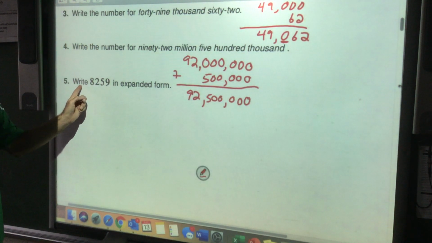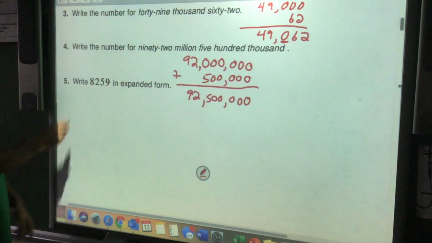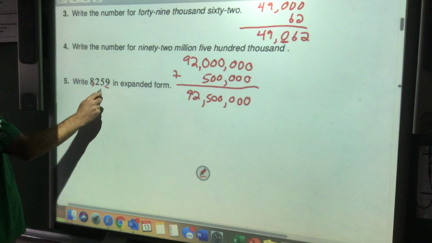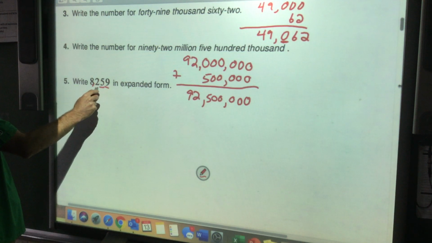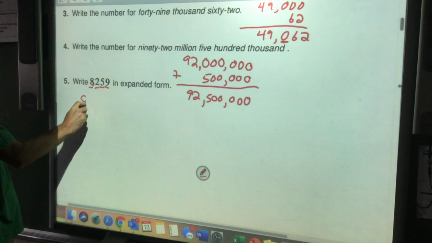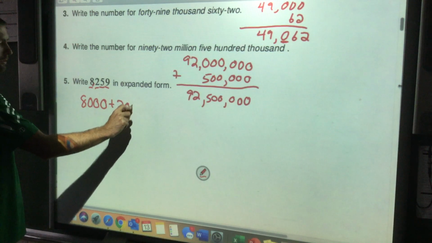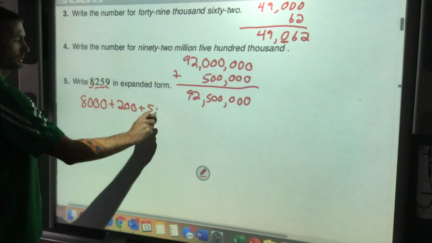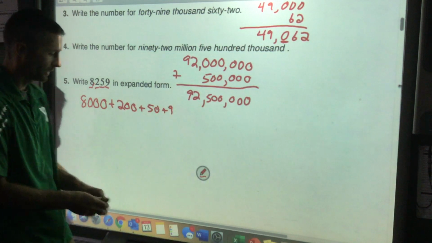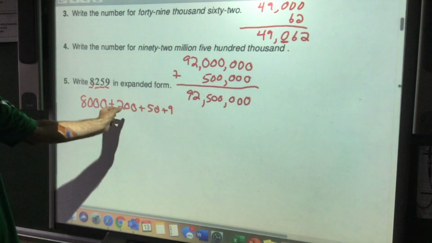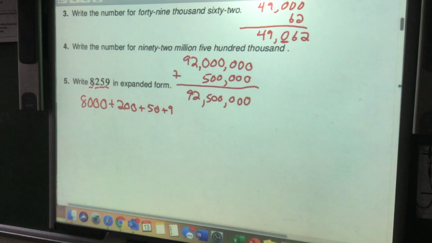Question 5, write this in expanded form. Okay, so that's 9 ones, that's 5 tens, that's 2 hundreds, that's 8 thousands. So 8,000 plus 200 plus 50 plus 9. It's one way to do it. We also could multiply that out and tease those answers out.